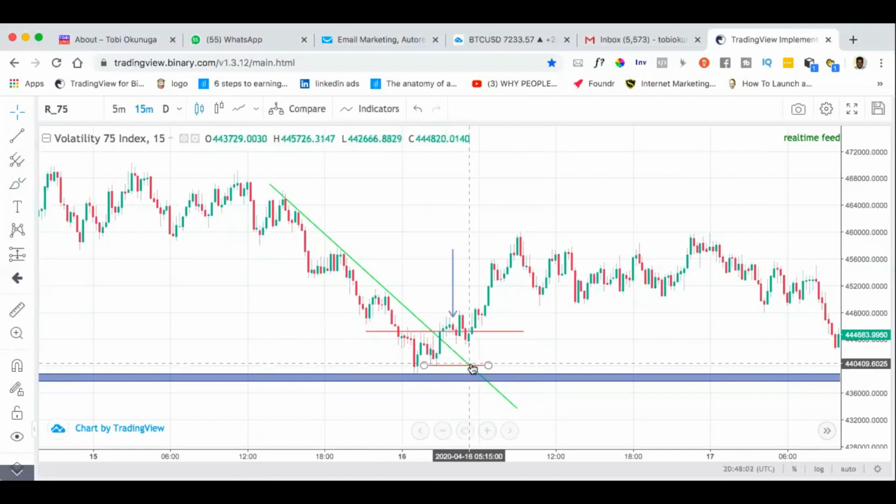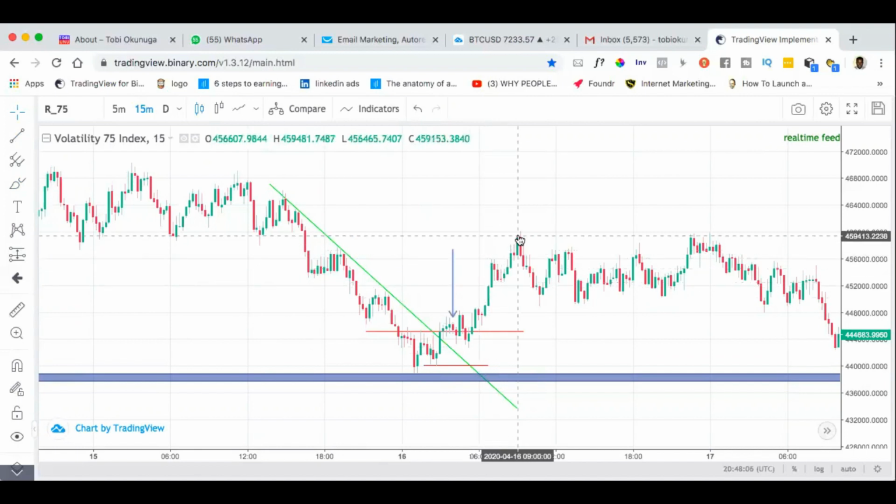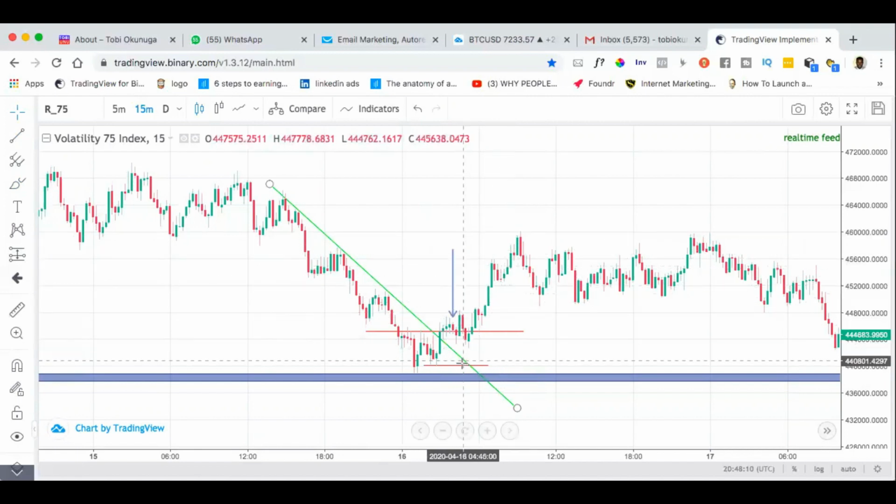So this zone gets wicked and continues going back in the main direction. So until price gets to this particular stop loss level and closes below, that is when I know that I should be out of the trade. So I take my entry over here on this candle, at the close of this candle.